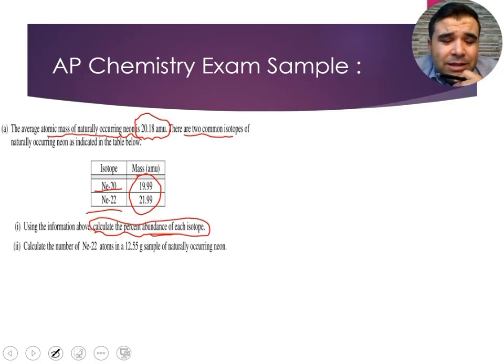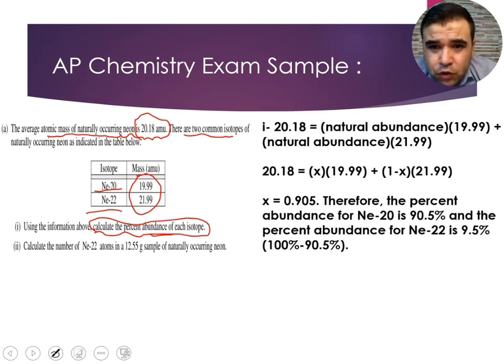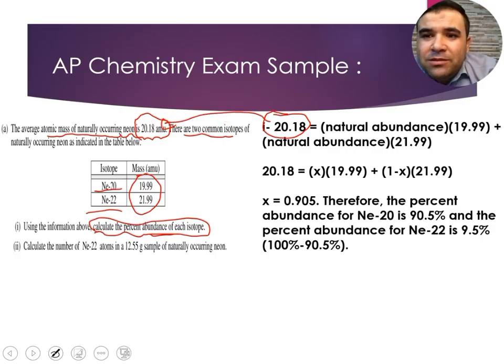Guys, we have an equation to solve this, which is the average atomic mass equals the abundance of isotope 1 multiplied by its mass plus the abundance of isotope 2 multiplied by its mass. So here we have written the solutions. As you can see, 20.18 is given in the question. Abundance, we don't know.